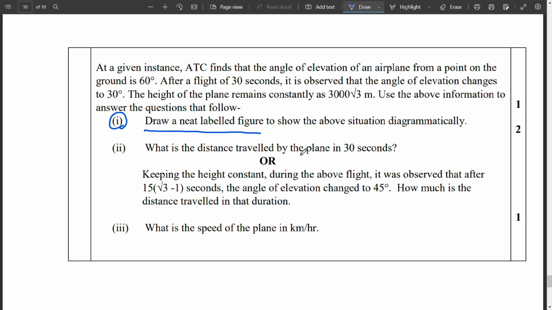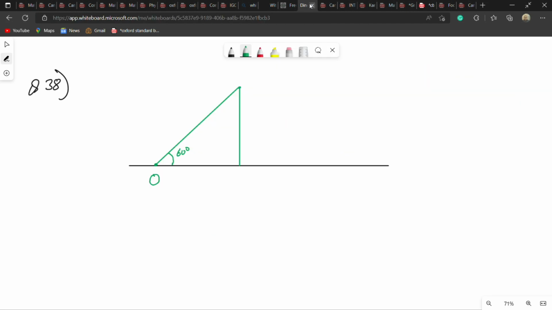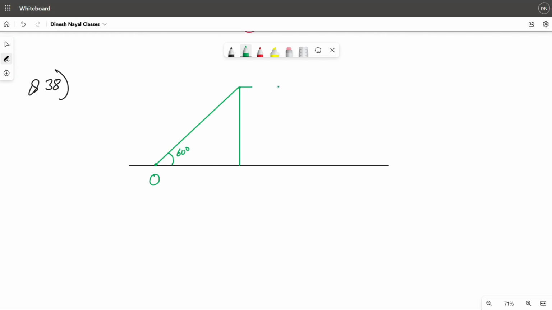So the height of the plane remains constant. It's a flight of 30 seconds, and the angle of elevation changes to 30 degree. So now the plane is flying for 30 seconds. Suppose the plane reaches this point after 30 seconds, and the angle of elevation of this point is 30 degree.